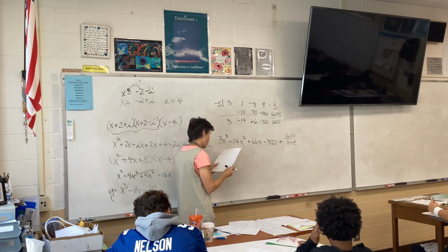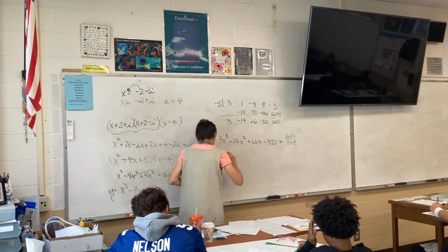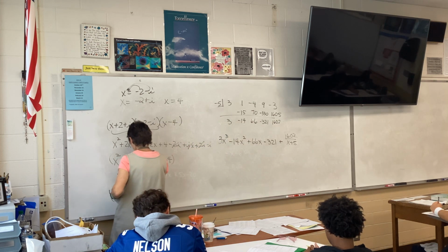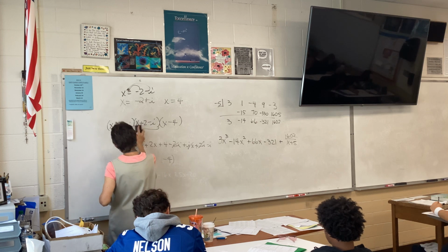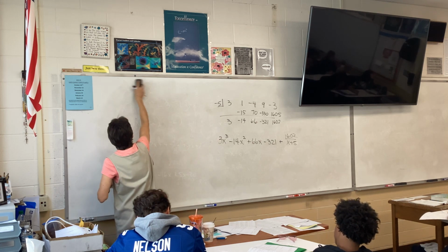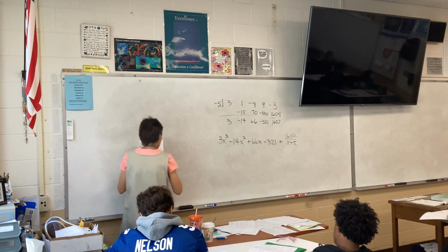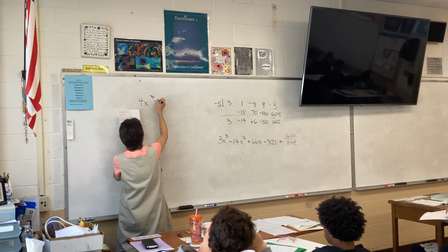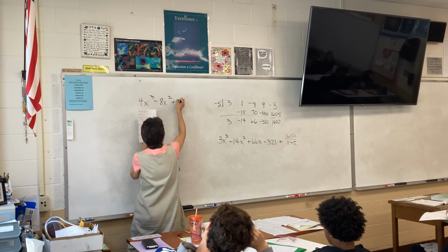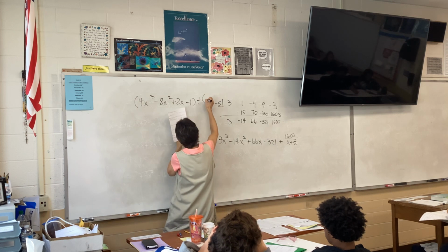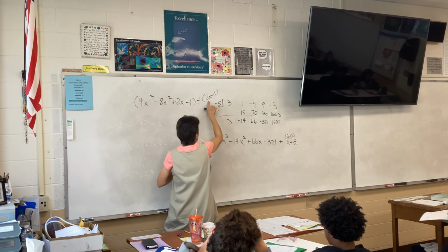All right, last one. Now, this one is a little bit tricky because why? Yeah, so here's the deal, folks. If you're going to do synthetic division, long division, it doesn't matter. But if you're going to do synthetic division, you cannot have this 2 right here.